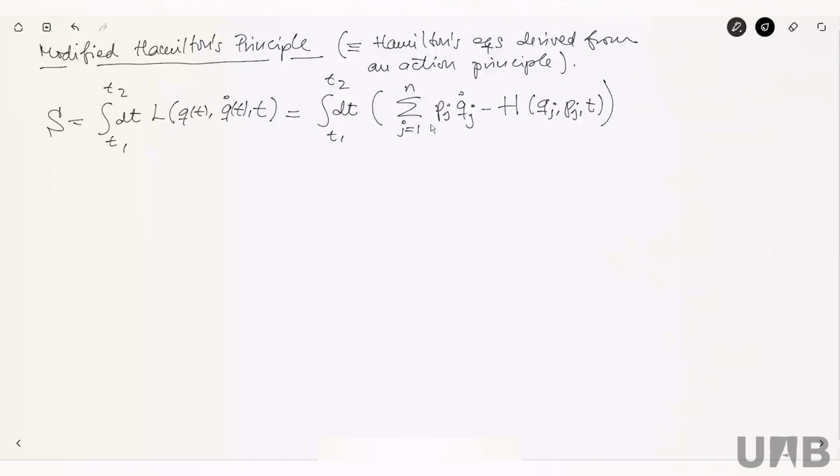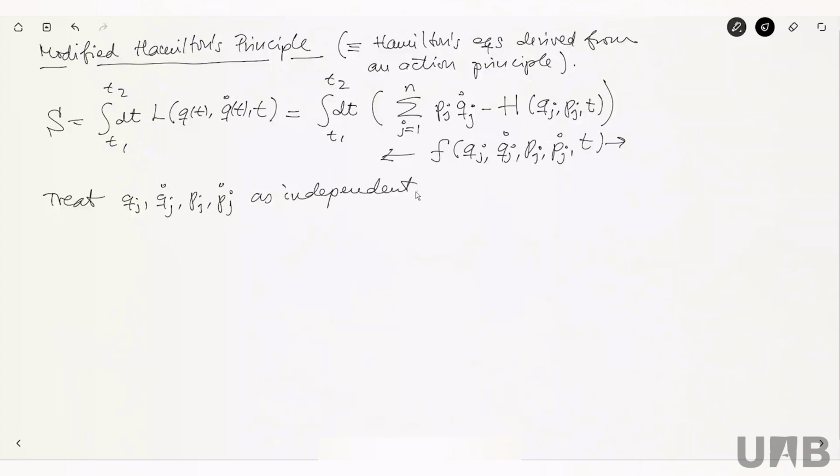So this modified Hamilton's principle takes this object here as a function f of the following variables: qj, q dot j, pj, p dot j, and t. So it's fully democratic. Now we have everything. We have q, q dot, p, and p dot, all of them, okay? And we're going to treat all these variables, qj, q dot j, pj, and p dot j, as independent.